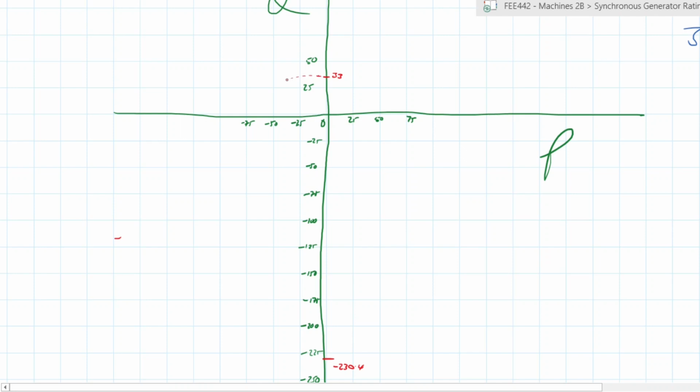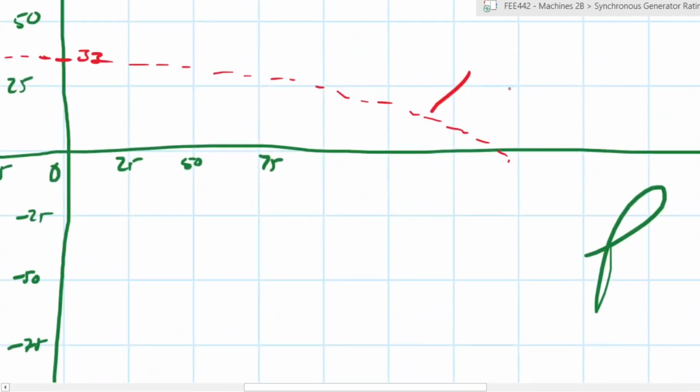So it will move something like that, and something like that. Okay. And this is our field current limit.